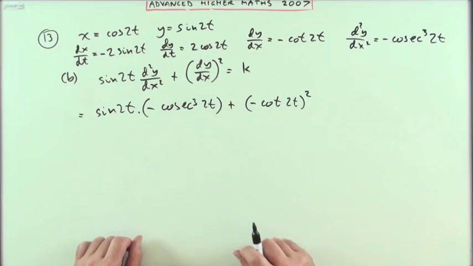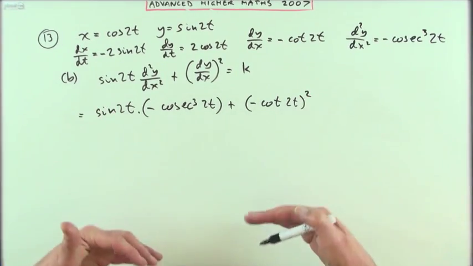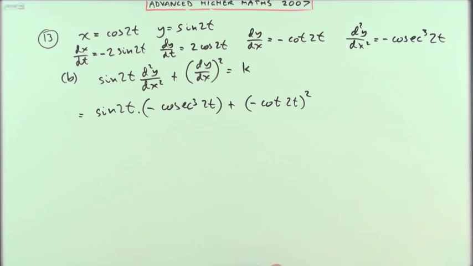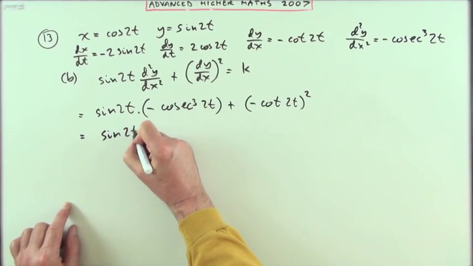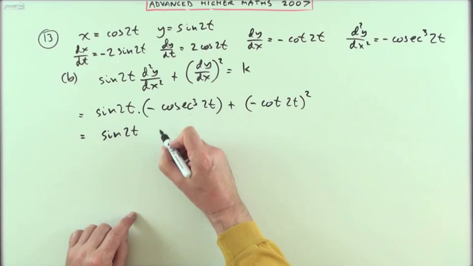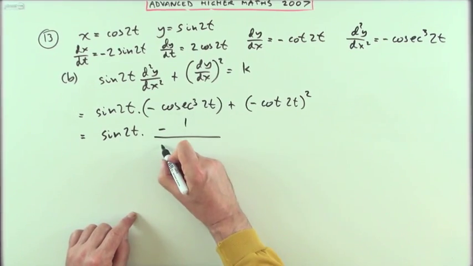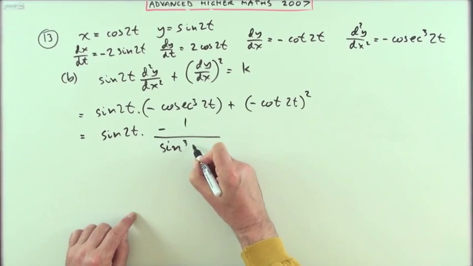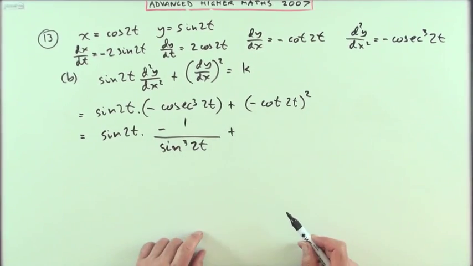Or, if you didn't feel brave enough to venture into those reciprocal lands, you could always turn this back into the familiar sines and cosines. So that you would have instead, that's a sine 2t, nice and friendly. Cosec, that's 1 over sine. So negative means times negative 1 over, but that's cubed, over sine cubed 2t, plus that negative being squared will disappear.